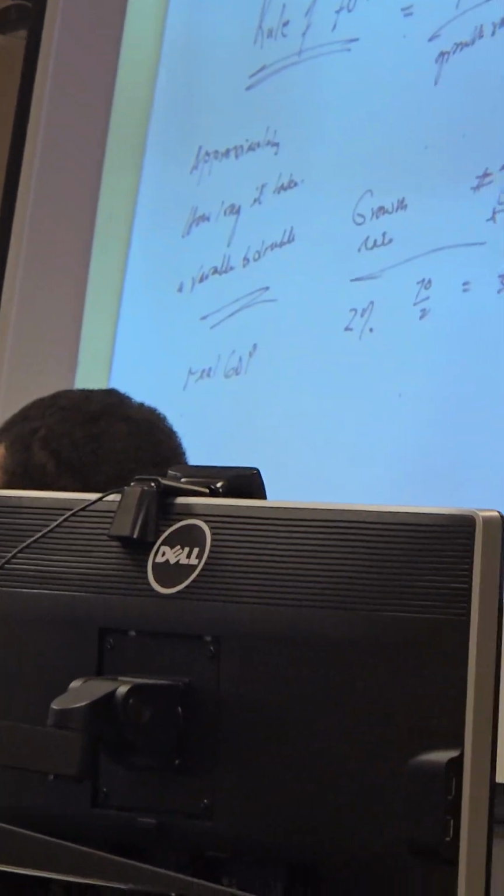And now we have the growth rate here, and here we have the years it takes. Here, the growth rate, let us say, is 2%. How long will it take for real GDP to double? That's going to be 70 divided by 2. It will take 35 years to double, roughly.